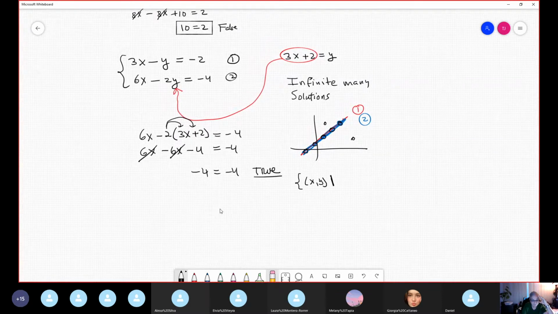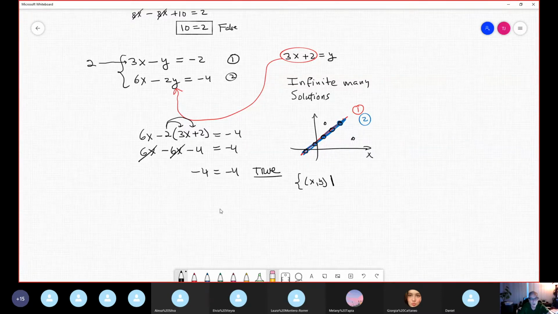By the way, it's the same equation, because if you multiply equation 1 by 2, 2 times 3 is 6, 2 times negative 1 is negative 2, and 2 times negative 2 is negative 4. It's no surprise. This equation is the same, and when you represent it on the xy plane, it's the same line.